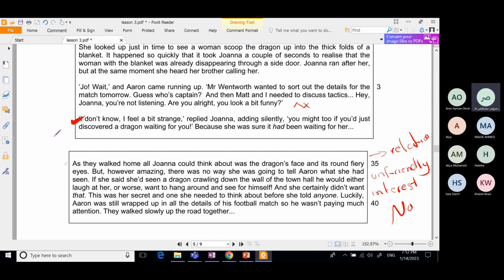Good job. Do you think the atmosphere of the story led to any change? We agreed we need to ask ourselves some questions. What about the atmosphere of the story? It started with Joanna, which is very sad. And then she was very interested and surprised about the event of the dragon.